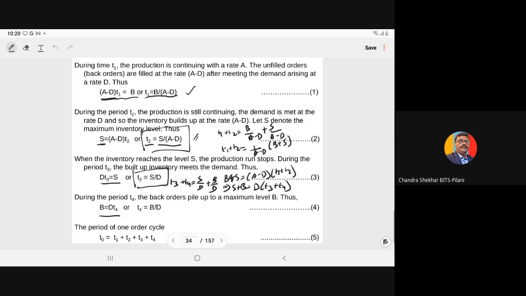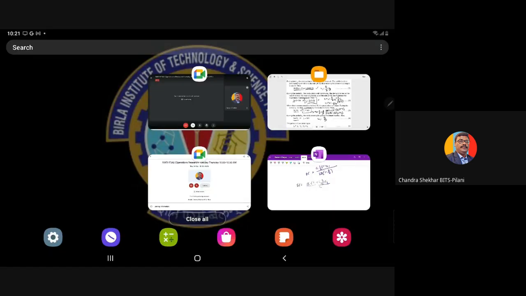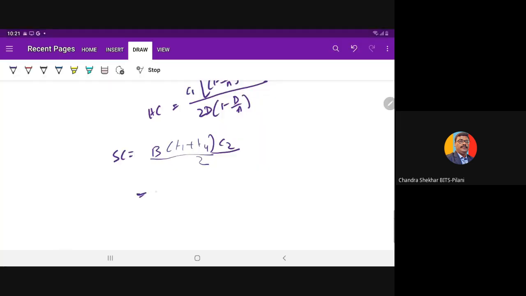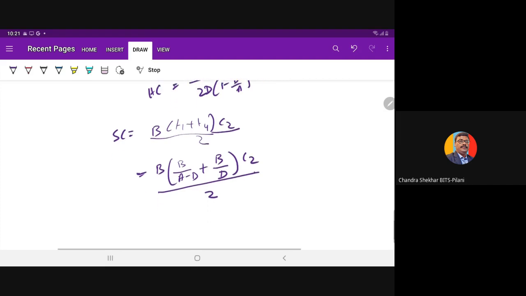From here we have T1 is equal to B upon A minus D, and from here T4 we have B upon D. So when we put the value of T1 and T4, this will become B. T1 is B upon A minus D plus T4 is B upon D into C2 upon 2.